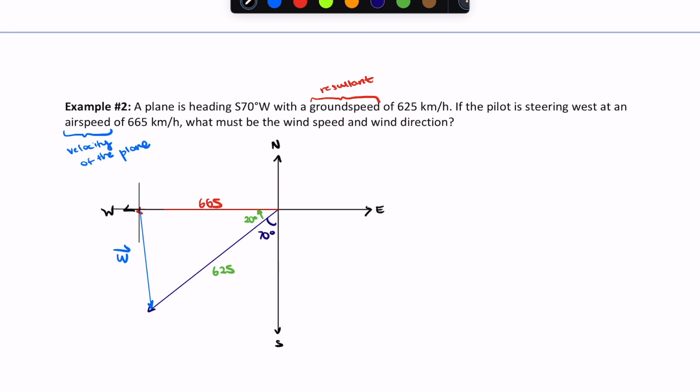Okay, so here, if we draw another plane, again looking at the direction, we see north, east, south, and west.